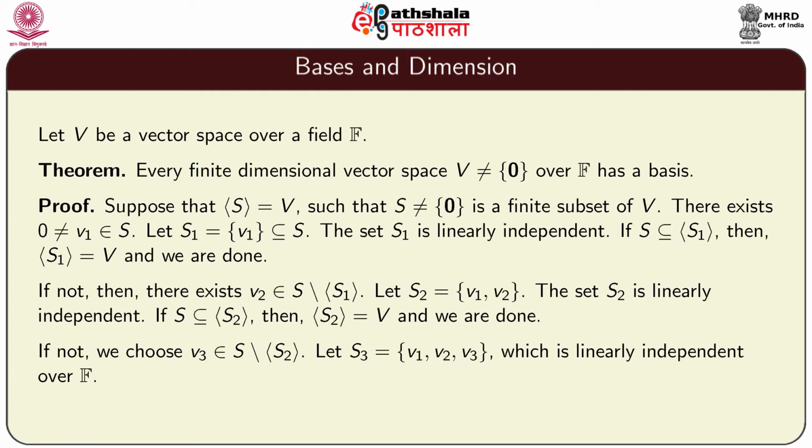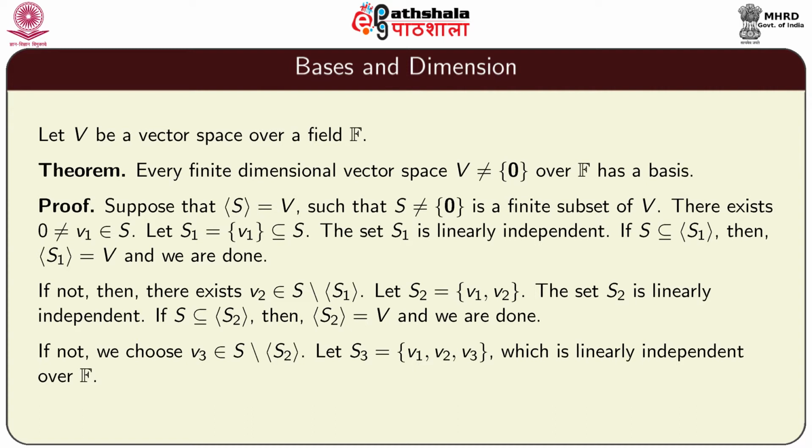Now we prove that if V is non-trivial, that means V has at least one vector other than the 0 vector, and if it is finite dimensional, that means it has a finite spanning set, then V has a basis. Let us recall, a basis is a spanning set which is linearly independent.